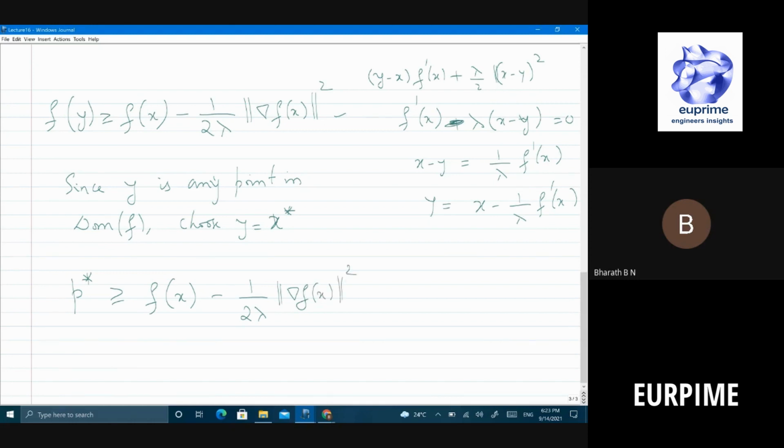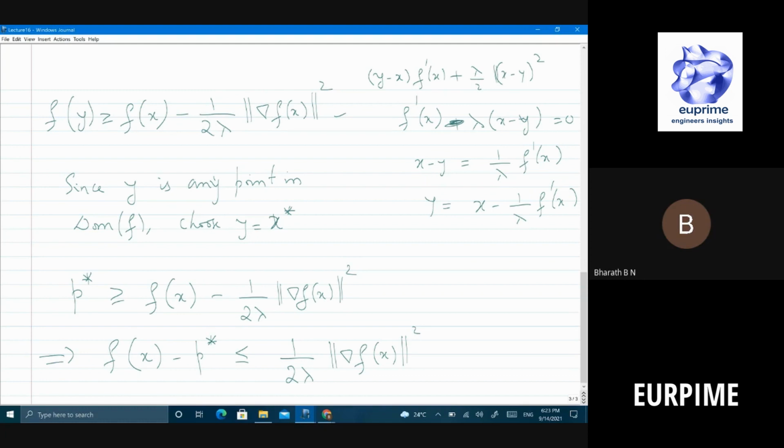Now if I take it to the other side, by rearranging, we have f of x minus p star, this is the gap, is less than or equal to 1 by 2 lambda the gradient of f of x square, right? So that means if your gradient is small, the gap is also small. Do you agree?